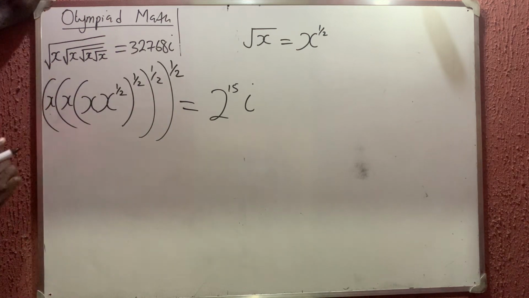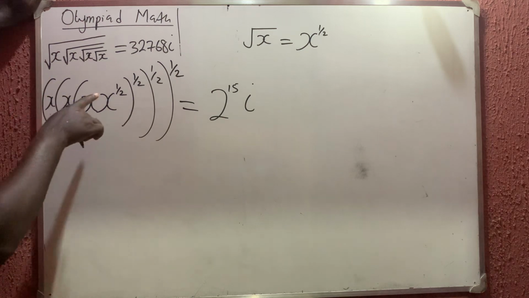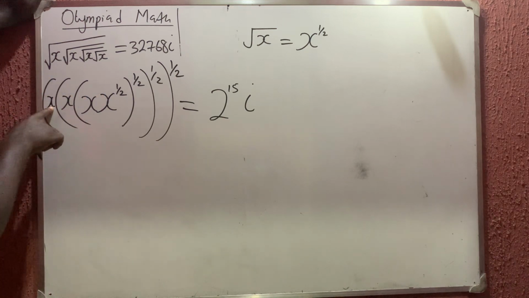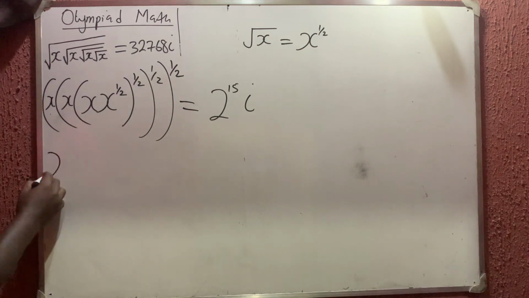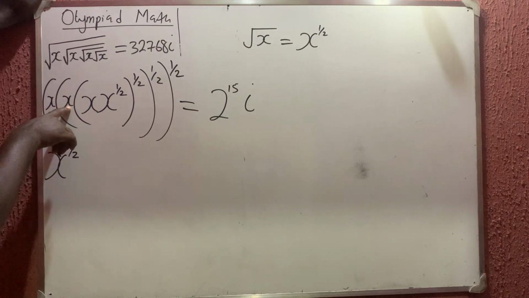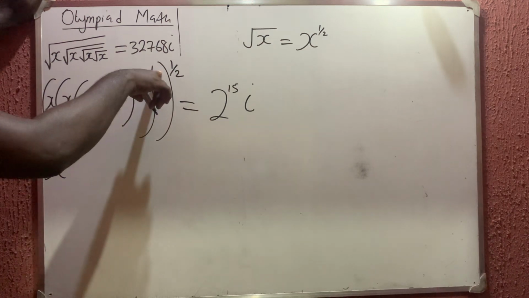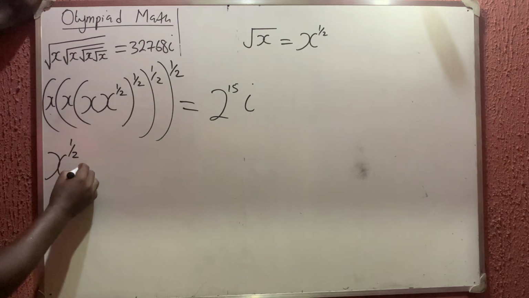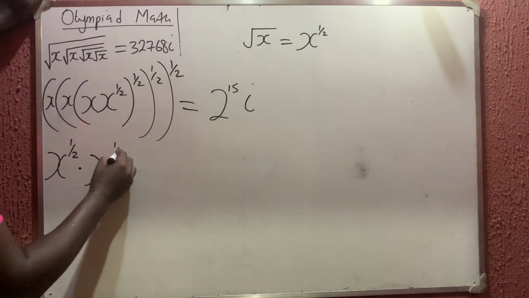If I start from the one inside, this one has just 1 over 2. So this is x raised to power 1 over 2. Now this one has 1 over 2 and another 1 over 2, so it's going to be multiplied by x raised to power 1 over 4.